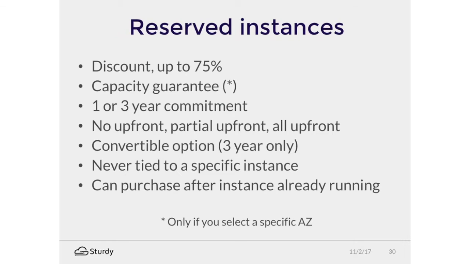Now, there's also an option called convertible. But before I explain convertible, let me explain the limitations of a normal reservation. A normal reservation is tied to an instance family. So if you reserve an M4 large, you're going to get credit against your RI only when you run an M4 large.